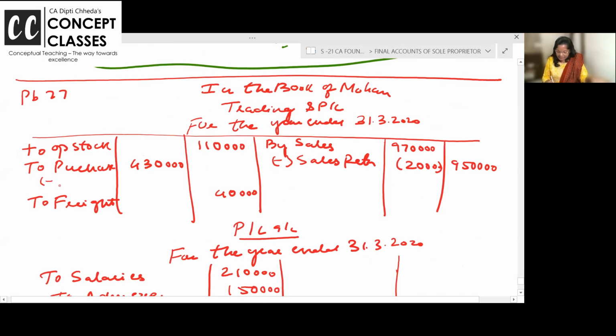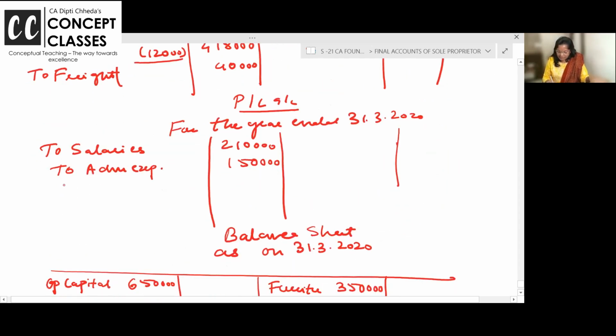And purchase return is 12,000. 4,18,000 without calculator. Then we have discounts also on both sides. So debit side is my expense. Discount allowed. Credit side is discount received.